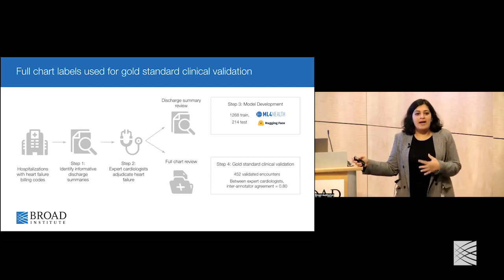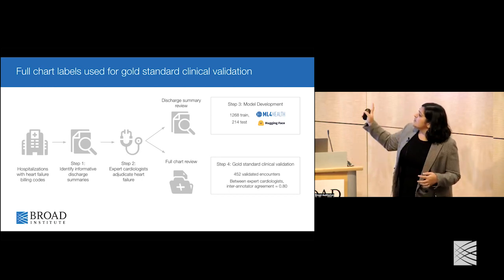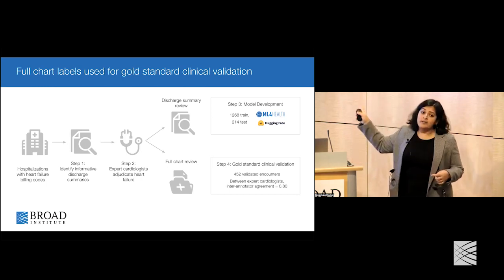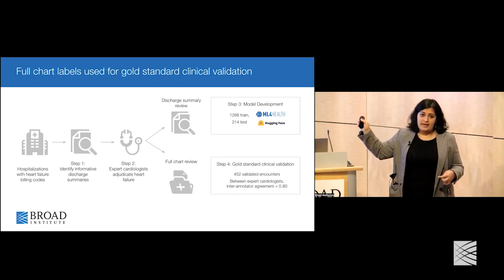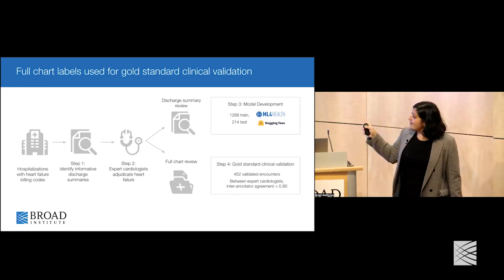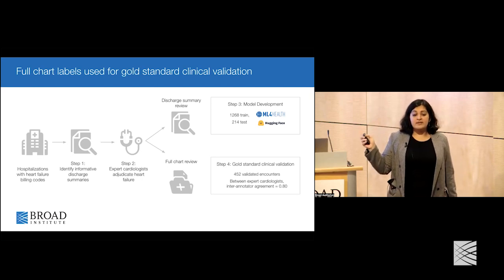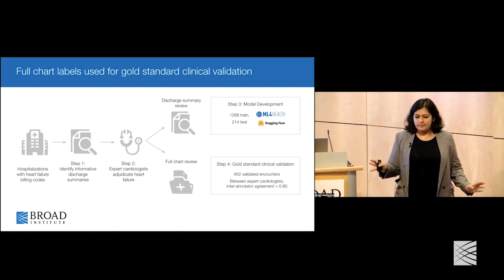We set this up as a clinical study, and we're able to do this in a principled way. Just to summarize, the model only ever sees discharge summaries, and it's trained on labels from a cardiologist that only saw discharge summaries. But at the end, for final validation, we evaluate it on labels derived from the full chart EHR. Does that make sense?